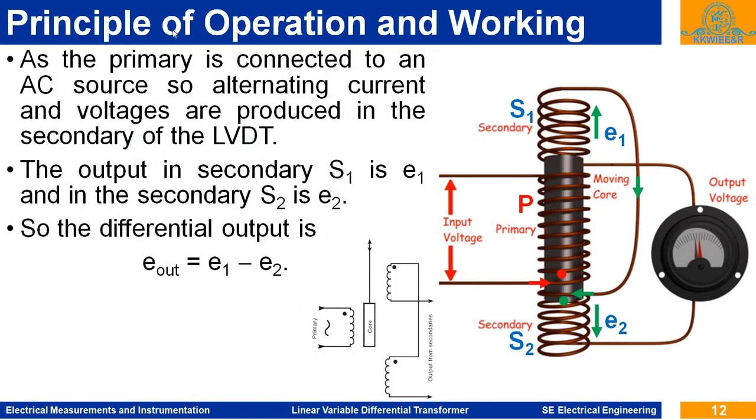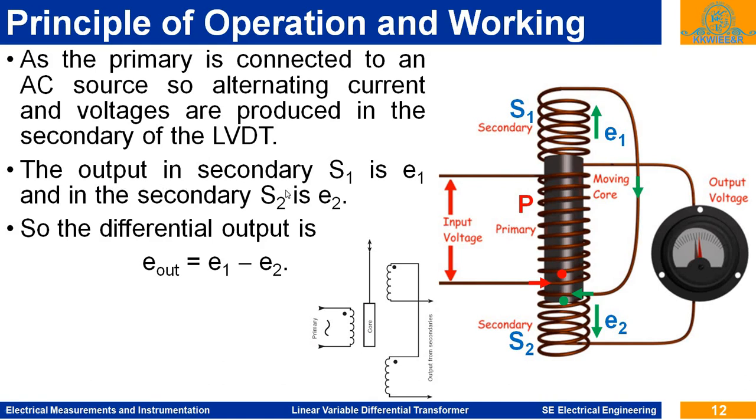Now we will see the principle of operation, or the working, of LVDT. As the primary is connected to an AC source, alternating current and voltages are produced in the secondary winding of the LVDT. EMF or voltage is induced in the S1 and S2 secondary coils because of the primary winding connected to the input.